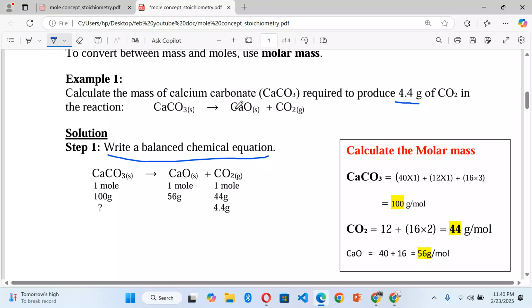We have already seen that this equation is balanced. After balancing the equation, our next step is to interpret the equation in terms of moles. And since the question is about mass, we can also interpret the equation in terms of mass. We recall in the previous session, we looked at the relationship between mass and moles, so we're just applying the knowledge we learned in the previous session.